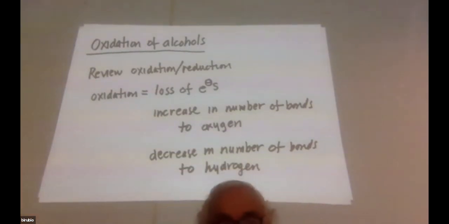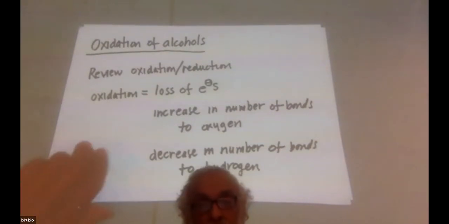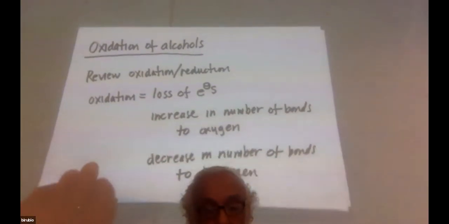That's another signal that an organic molecule has undergone oxidation. Okay, so let's look at some examples of oxidation, and then we'll go through all of that same thing for reduction.